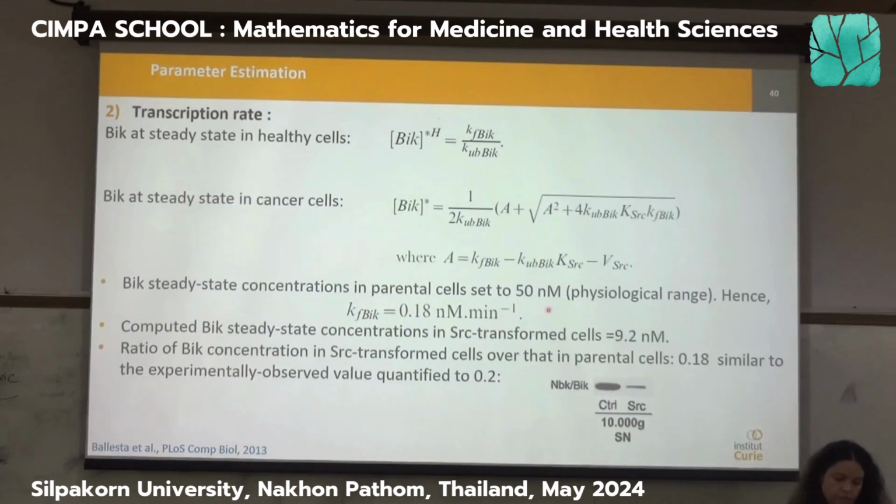You can also use the steady state equation in the cancer cells, which is here. Same, you put your equation to 0; you can do this at home, that's actually quite easy.